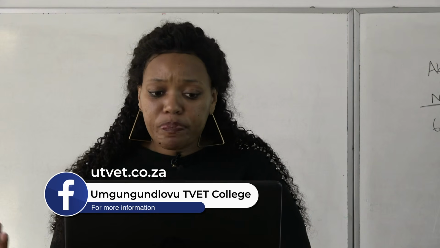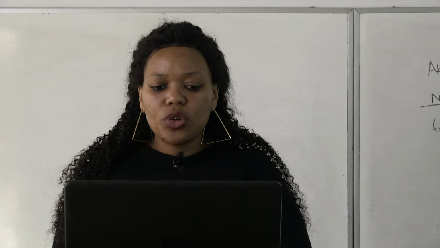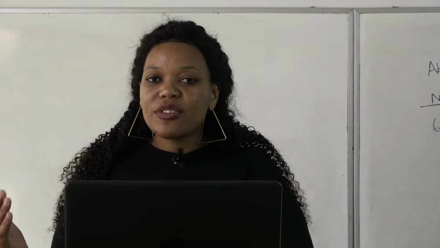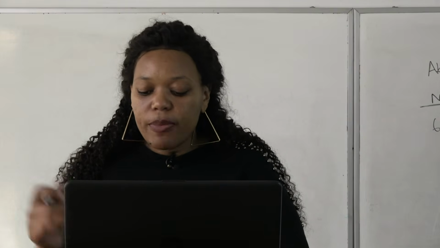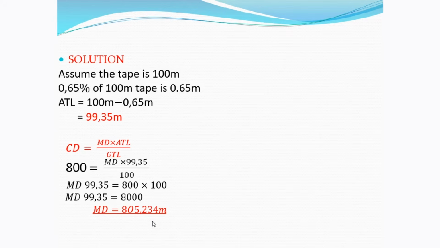The correction, because we are told that the distance must be measured with the tape which is known to be 0.65 too short, which means we need to do the correction. Okay, let us look here at the solution. Assume the tape is 100 meters, because 0.65% of a 100 meter tape is 0.65 meters.